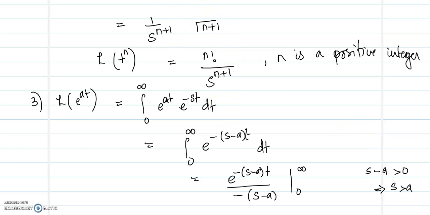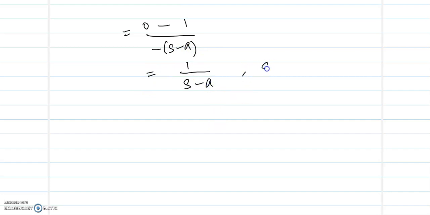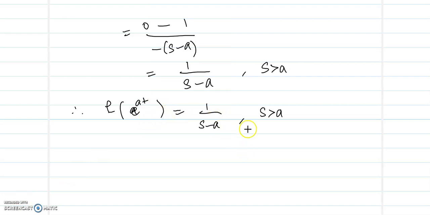So that is going to give 0 minus 1 by minus of s minus a. So it is going to give 1 by s minus a, where s is greater than a. So that is the value of the Laplace transform of e raised to at. So L of e raised to at will be 1 by s minus a.